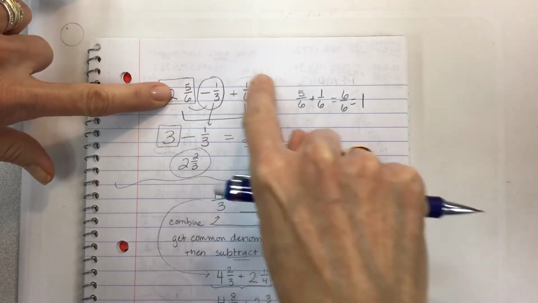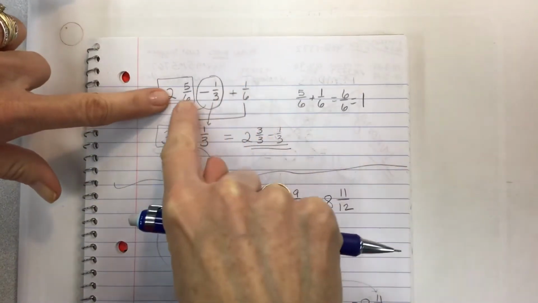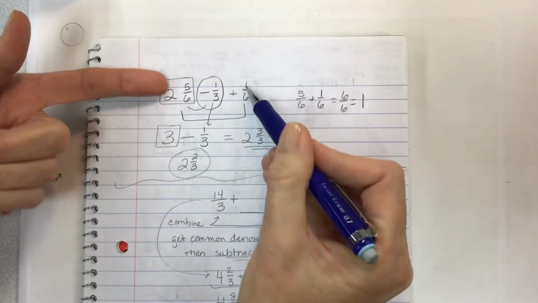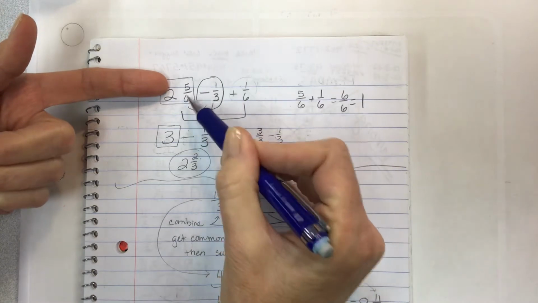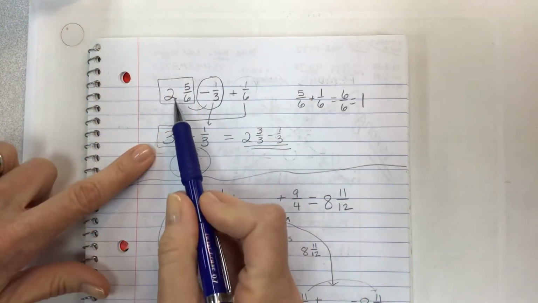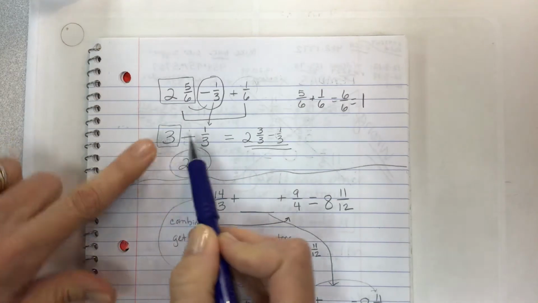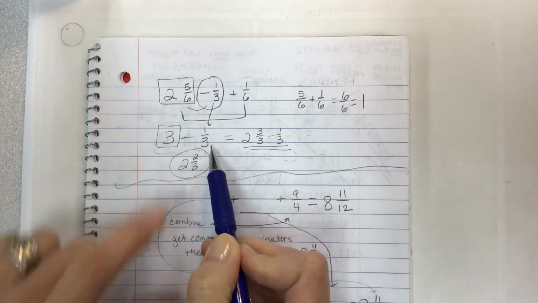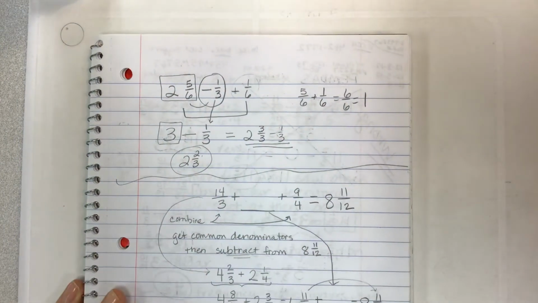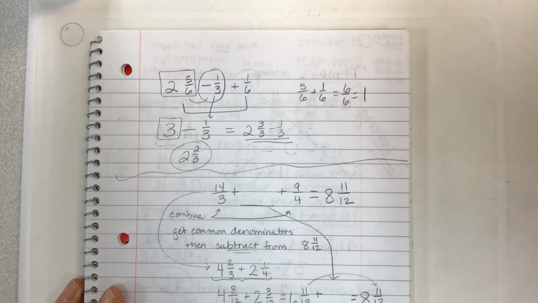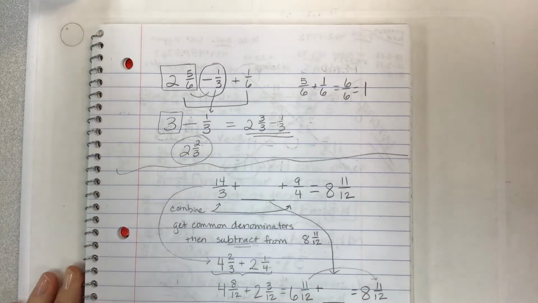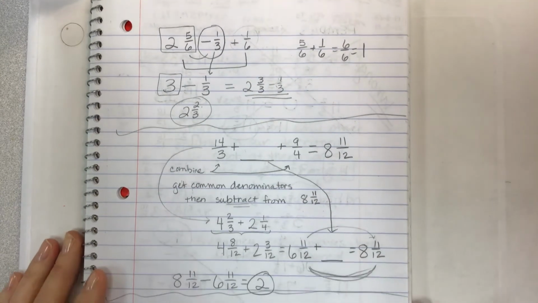When I'm adding, why not add it first so that I can simplify, noting that 1/6 and 5/6 makes 6/6, which is 1. Combine that with the 2 to get 3. Then you can easily subtract 1/3 from a whole number. So that's what the strategy is today, is to try to make things easy, create mental math problems so that it will be easier to solve.